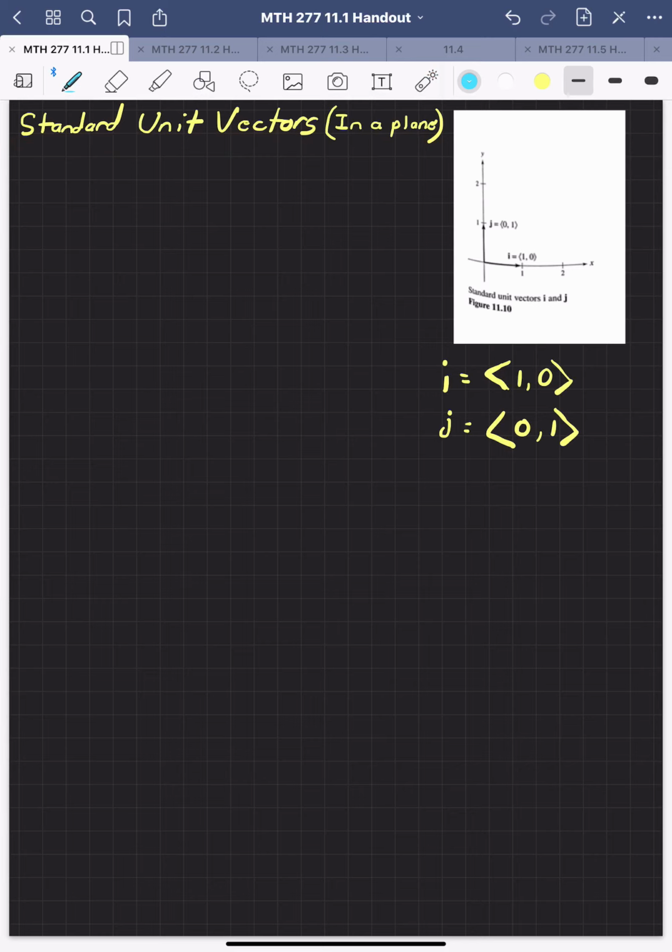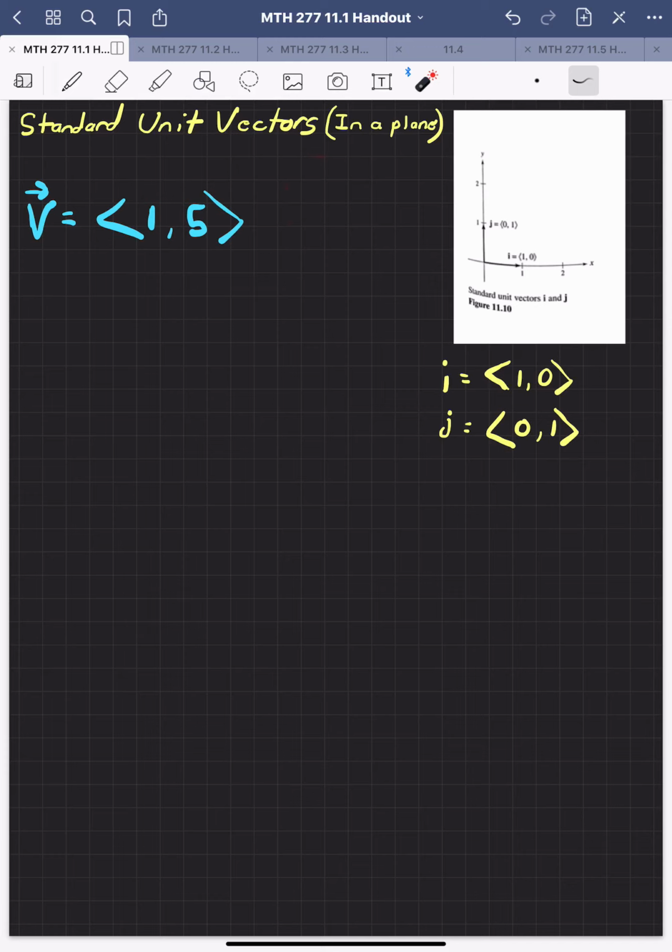Let me see if I can write what I'm talking about here. Let's assume I give you the following vector: 1, 5. Here's what's important to really getting the gist of this. This is one way of writing vector v.